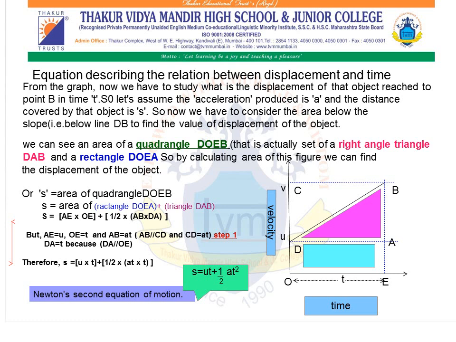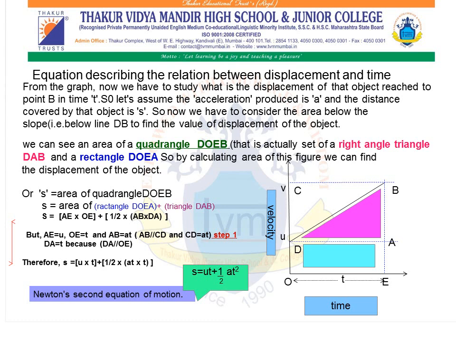So in the graph we can see an area of a quadrangle DOEB below that slope DB, and that is actually the sum of a right angle triangle DAB and a rectangle DOEA.